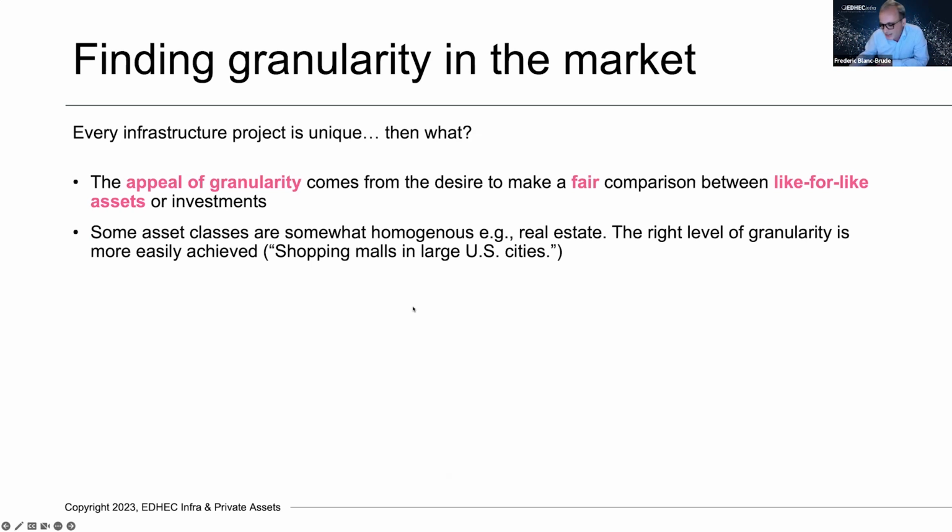And in some asset classes, it's fairly easy to achieve because assets are quite homogeneous. So in real estate, you could compare 20 or 50 shopping malls, ideally 100 shopping malls, and they're really quite similar. So the granularity is quickly irrelevant, in fact, as long as you're looking at the right type of asset, because they're all a bit the same.